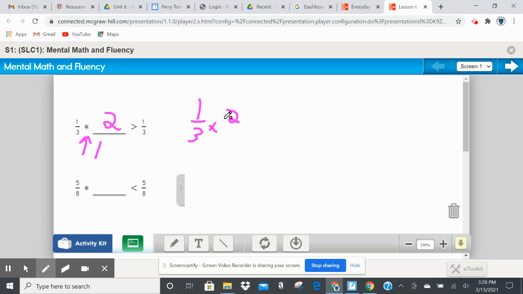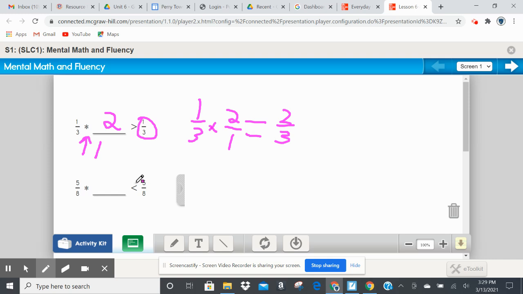Remember, whenever I have a whole number, it's always over 1 because 2 divided by 1 is still 2. 1 times 2 is 2, and 3 times 1 is 3. So is 2/3 greater than 1/3? Yes, it is. So now our inequality statement is true.